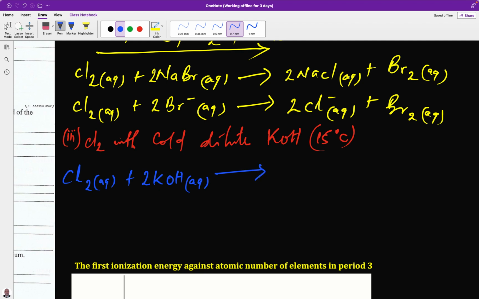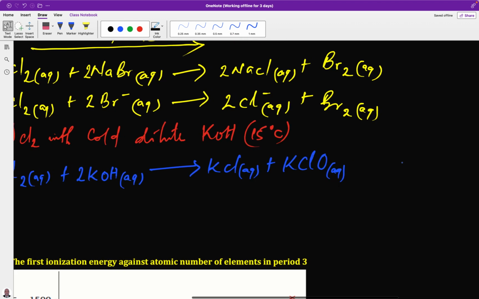I said there will be a salt there, plus aqueous, plus water.